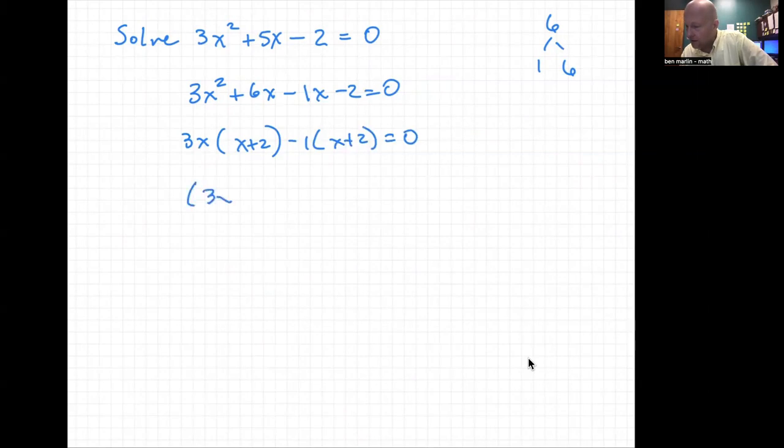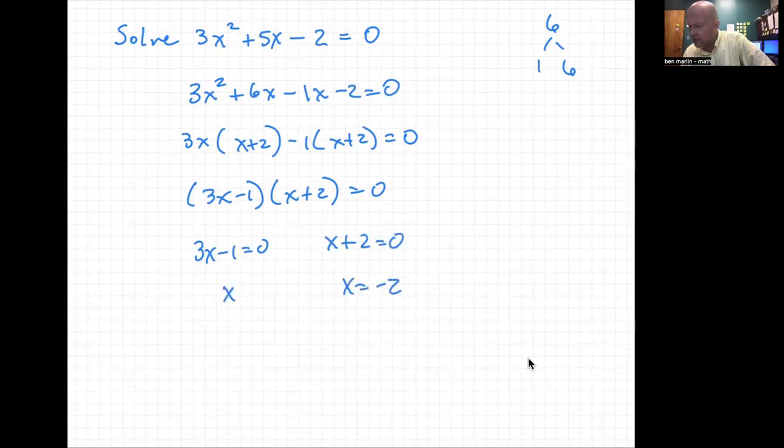So this factors into 3x minus 1 times x plus 2. Have that equal to 0. Each factor is set equal to 0. And solving should be pretty straightforward, okay? All right, so that's just reviewing factoring, okay?